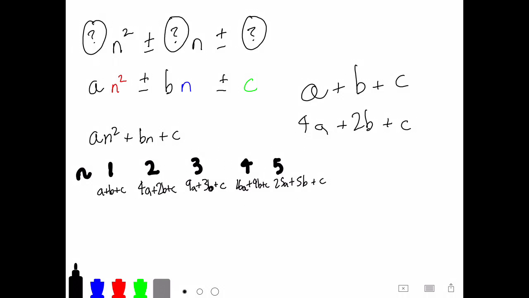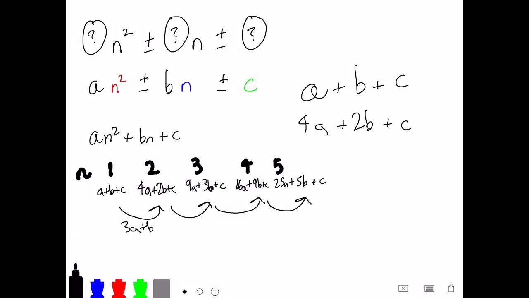And quadratic sequences are known for what? They're known for their second differences. So if we calculate the algebraic differences between these, we get 3a plus b is the first difference.